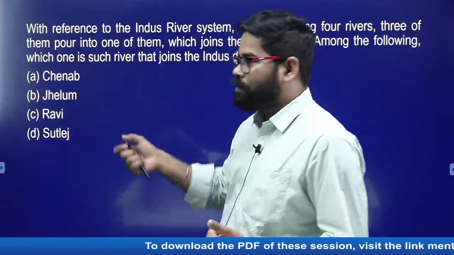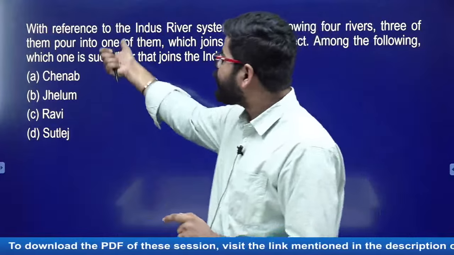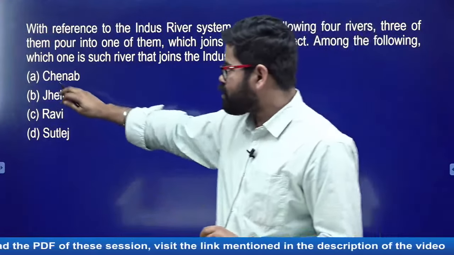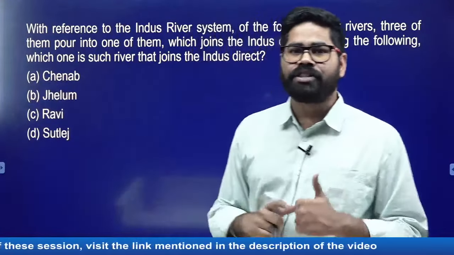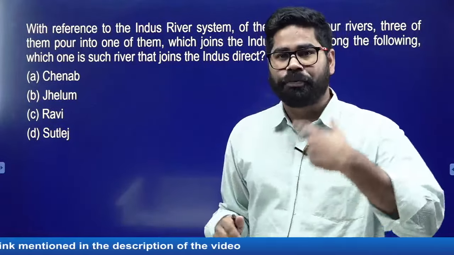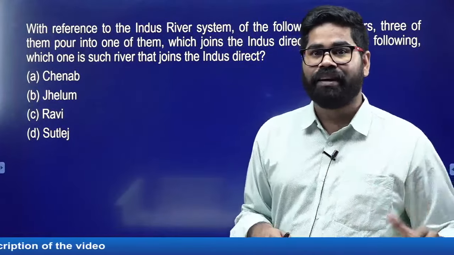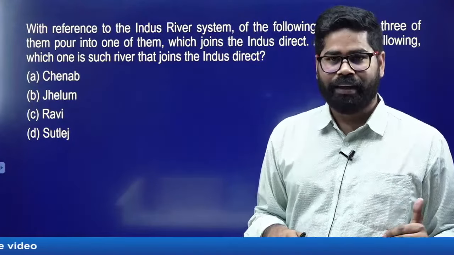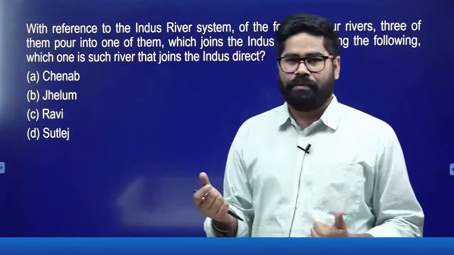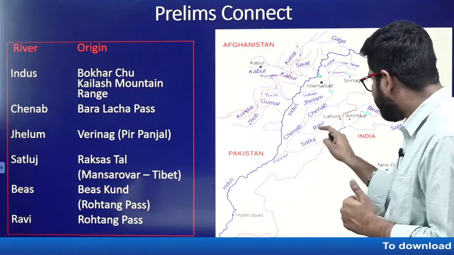Now if you see the statement, it is saying that 3 of them pour into one of them. If we go by the statement here, then the answer should probably be A, that is Chenab. But again I am saying that let's wait for the UPSC to announce the answer key for this, and then we will get to know the final verdict from the UPSC. But till now we can go with Chenab, because we are seeing that many of them are joining the Chenab, not the Satluj.